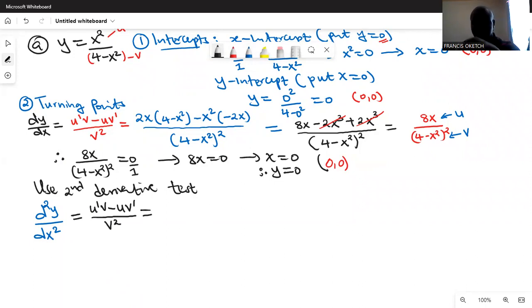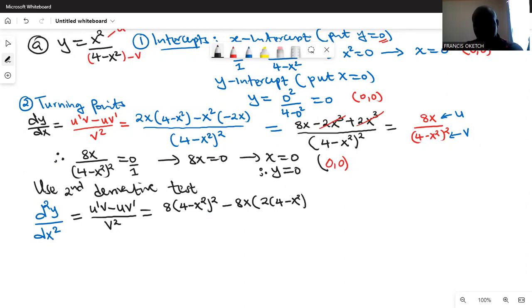So let's work out this. u prime, that is 8, times v, which is 4 minus x squared, and this is squared, then minus u, which is 8x, v prime, that's the same as 2 times 4 minus x squared.